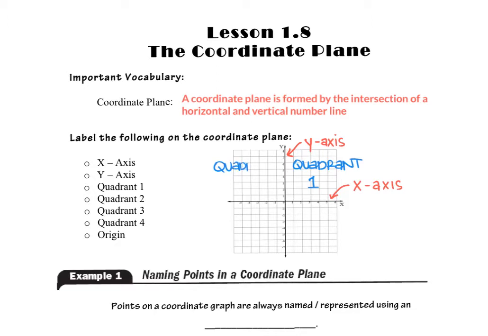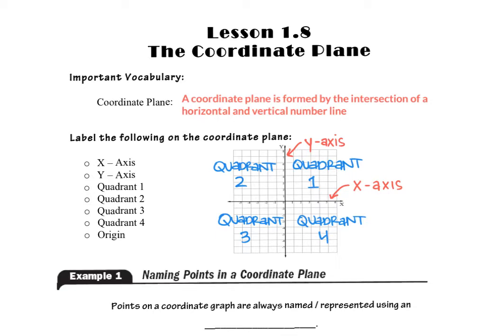So this is quadrant 2, then we have quadrant 3, and finally quadrant 4. And it's important that you know the number of each quadrant, because when we talk about points and where they're located, we will often refer to what quadrant they are in.